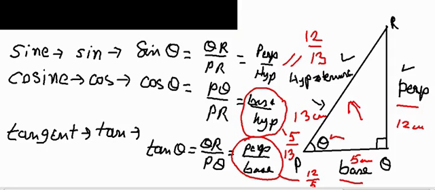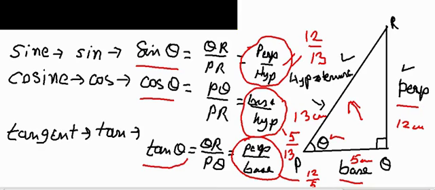The first ratio is sine theta, which is perpendicular by hypotenuse. The second ratio is cos theta, which is base by hypotenuse. The third ratio is tan theta, which is perpendicular by base.